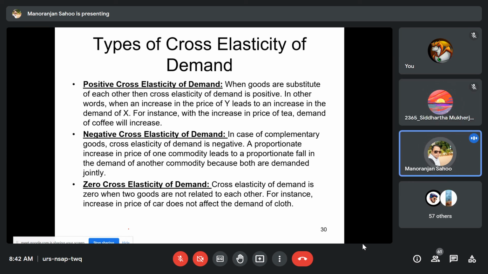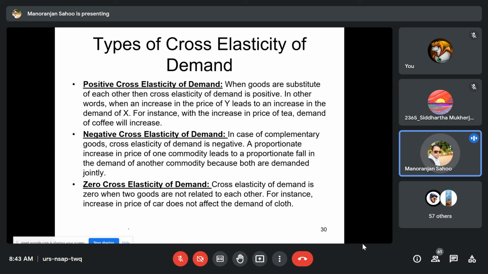The example is Coke and Pepsi, as I already said. If the price of Coke increases, you may demand more Pepsi and vice versa, because the two commodities are substitutes to each other.